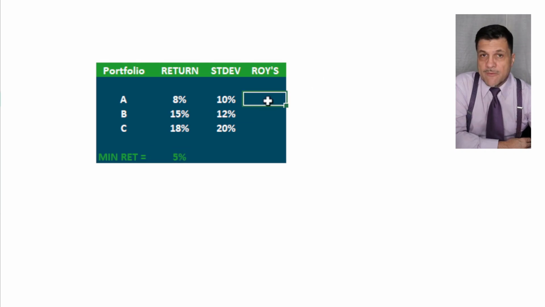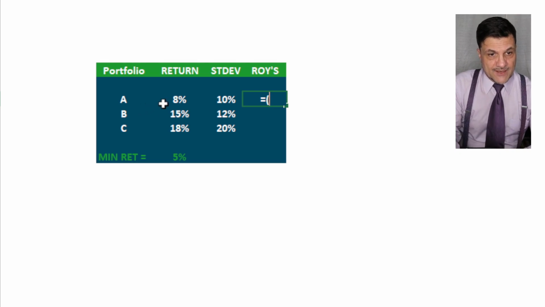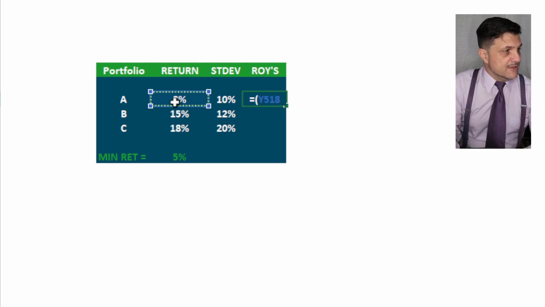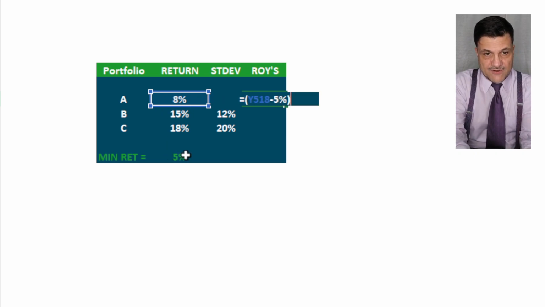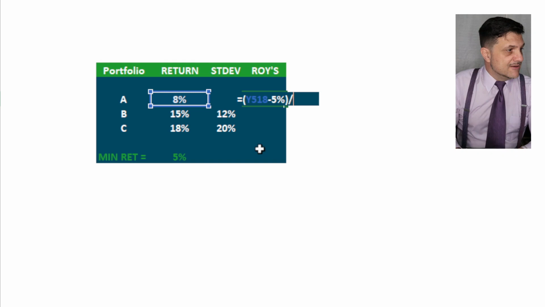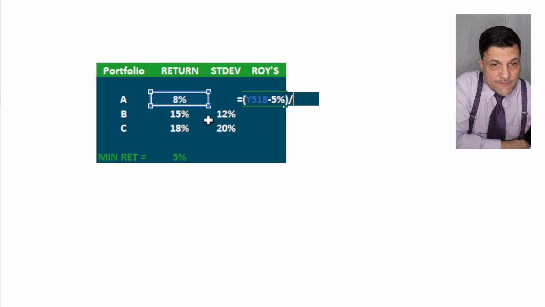Then what do I do? Very simple. I'm just going to take the difference between the return of portfolio A minus the minimum return, 5%, divided by the standard deviation of portfolio A, which is here. There we go.